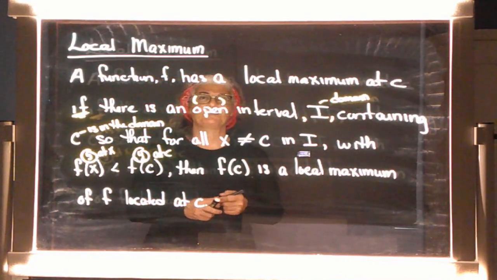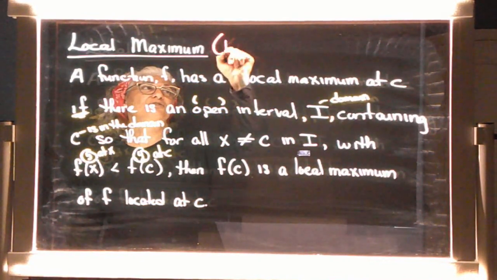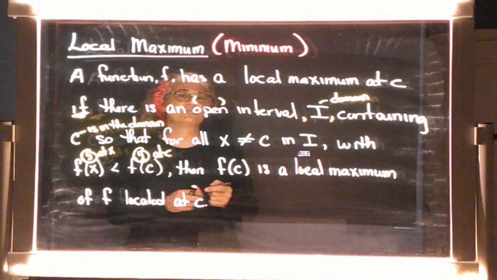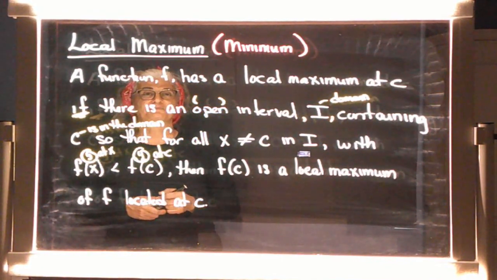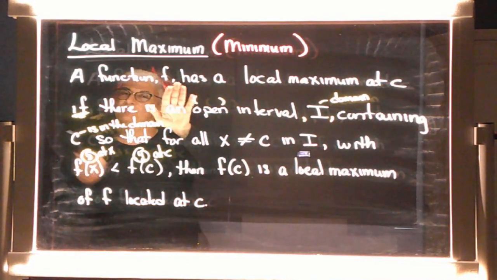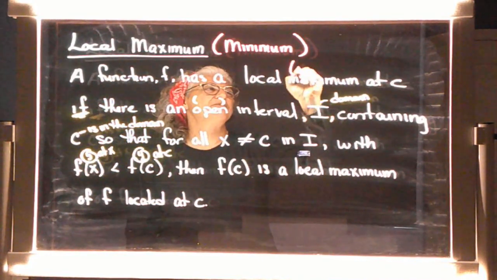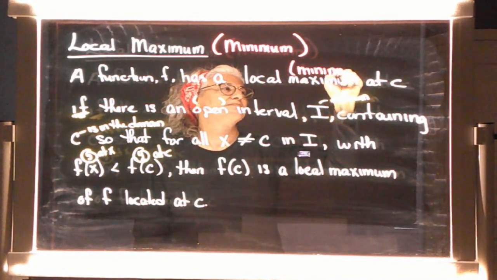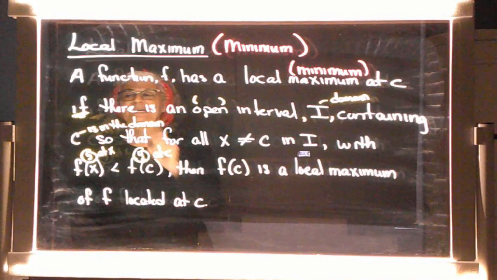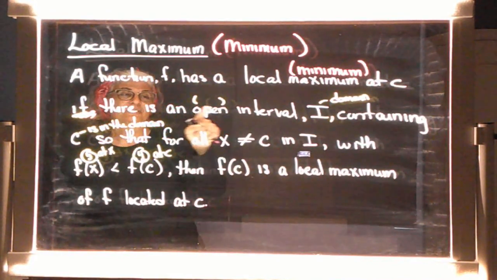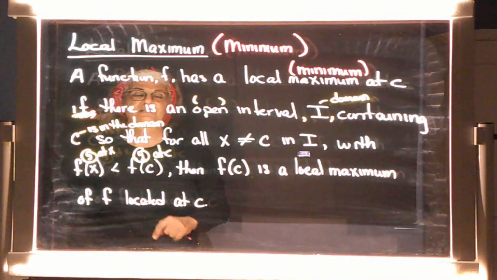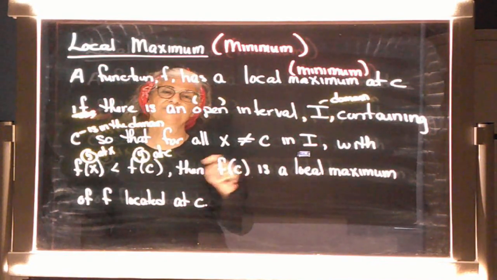Okay, hang in there, because if I have a local maximum, then I can have a local minimum. But the cool thing about math is if you know one definition, you pretty much know the other. So, let's reread it, but now we're going to talk about minimum. So a function that we're calling f has a local minimum at this number c, which we already know is in the domain, if there is that open interval again that we're calling I, and it contains that number c, so that all the other x's are not equal to c.